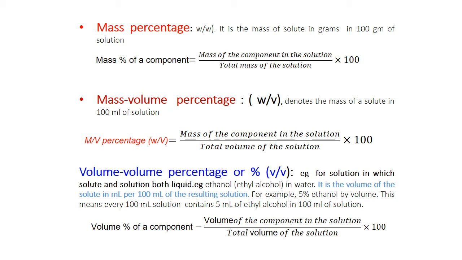Next is the volume by volume percentage, meaning the solute and solution are both in liquid state, and it is the volume of the solute in milliliters per 100 milliliters of the resulting solution. For example, 5% ethanol by volume means it has 5 ml of ethyl alcohol in 100 ml of solution. So these are the examples and the formulas for the calculation of these concentration terms.